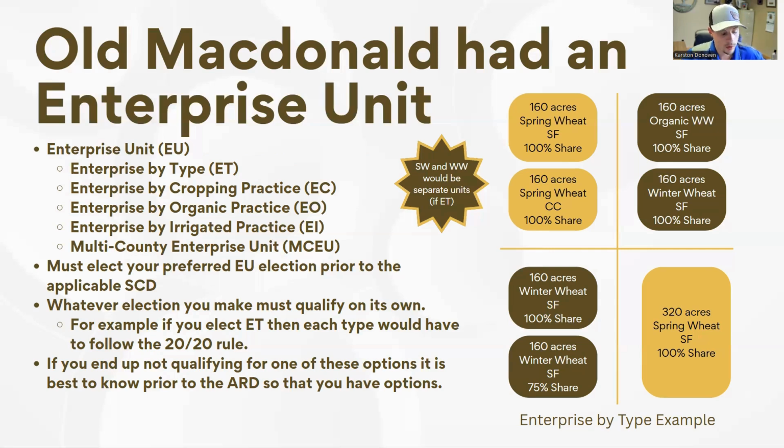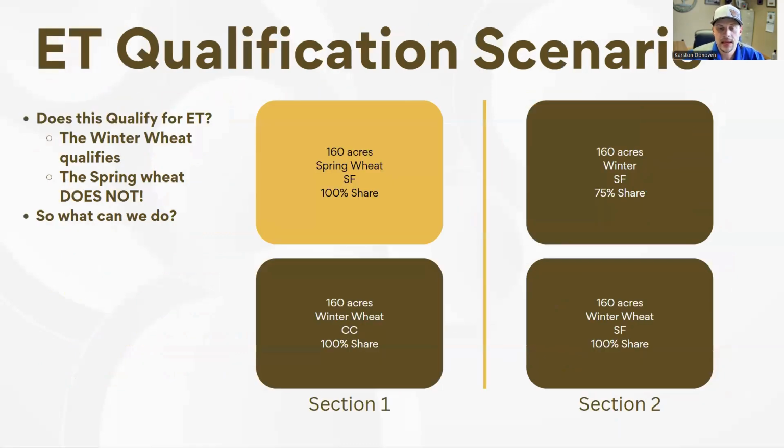So if you end up not qualifying for one of these options, we can take a look at what that means and what you maybe want to do before acreage reporting date, or if it's after acreage reporting date, what that means. So in this scenario, do these crops qualify for enterprise by type? Well, the winter wheat, for instance, is in two different sections, and it has at least 20 acres in each section.